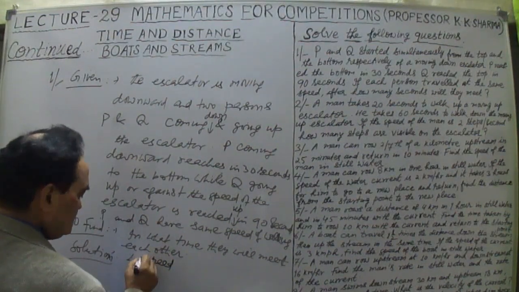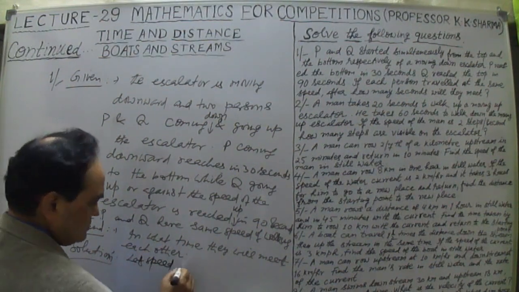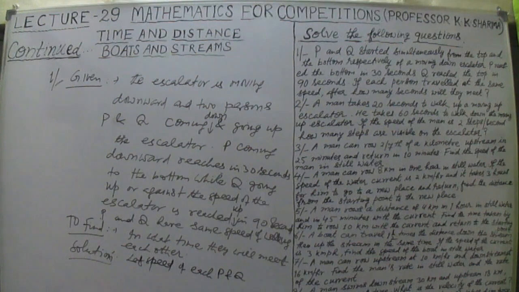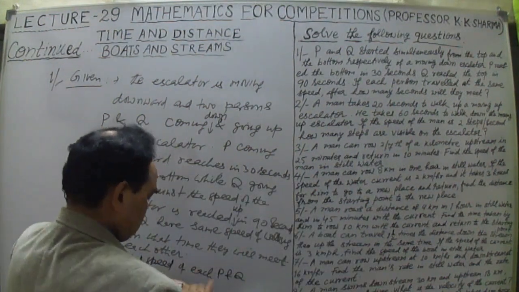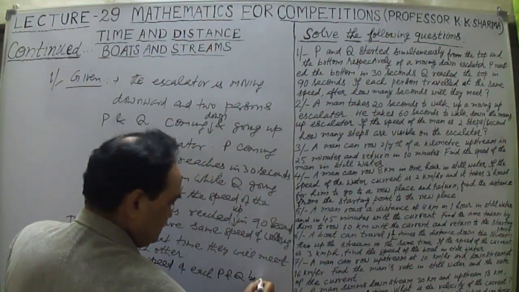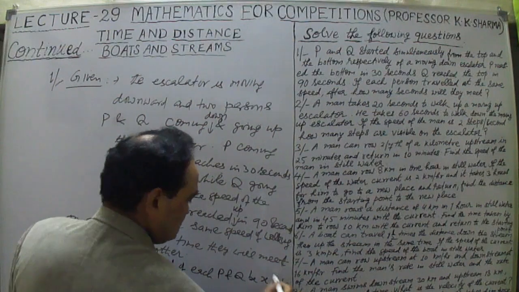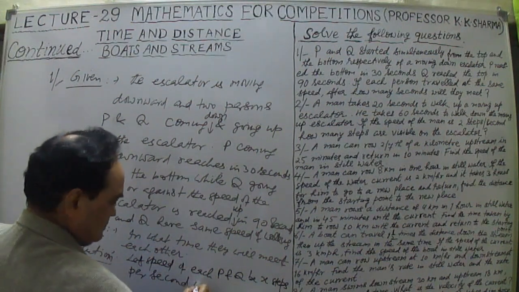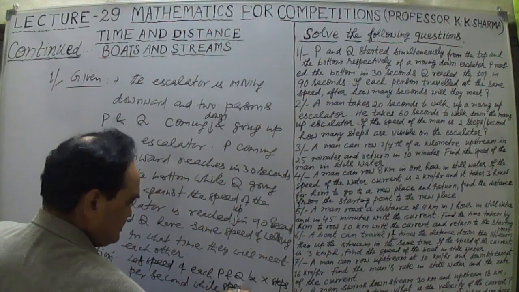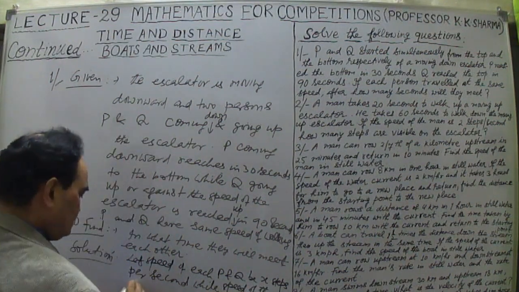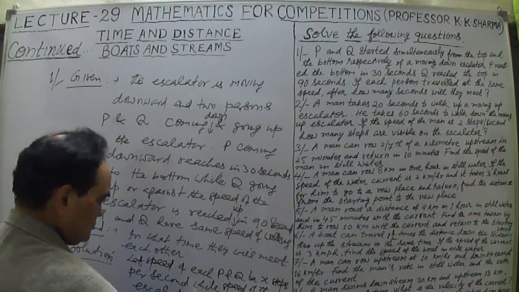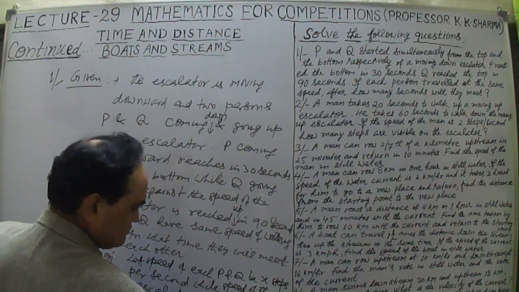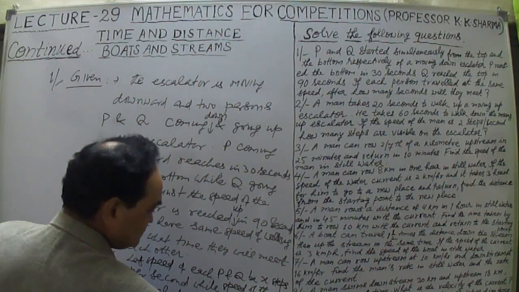Let the speed of each of P and Q, because both have the same speed, be x steps per second, while the speed of the escalator is y steps per second. This is a very important point, just note it down.